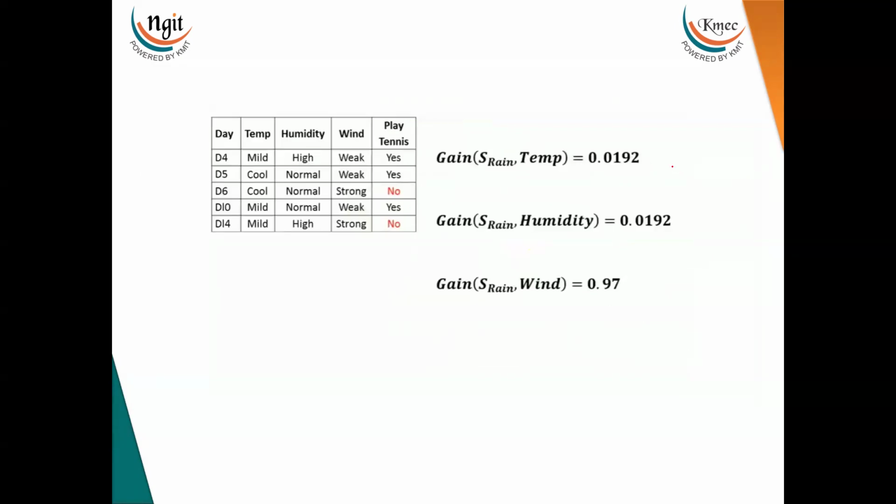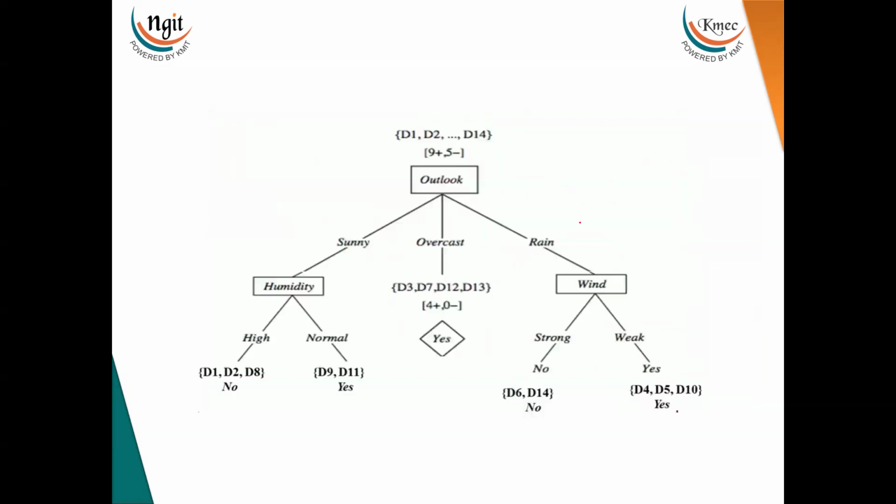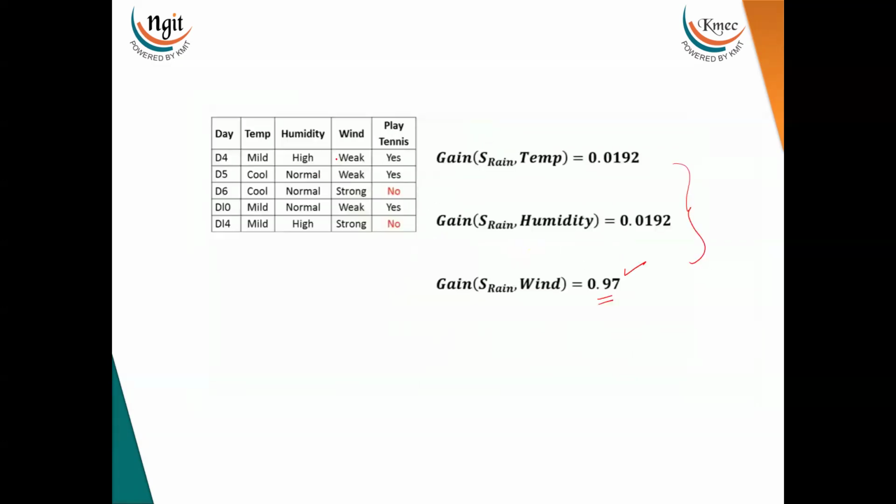Now, when you take these three values, information gain of temperature, humidity, wind under rain, we got wind as the highest value. So now we can split the tree under rain by taking wind as the attribute. And in wind, we have weak and strong.